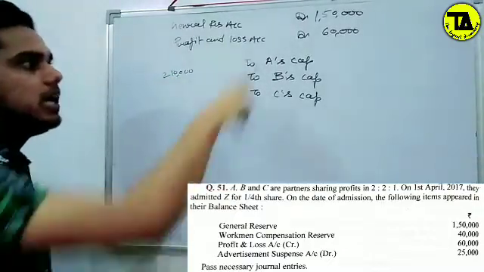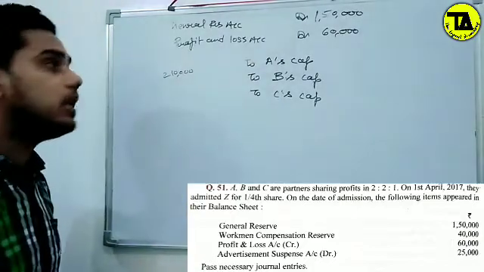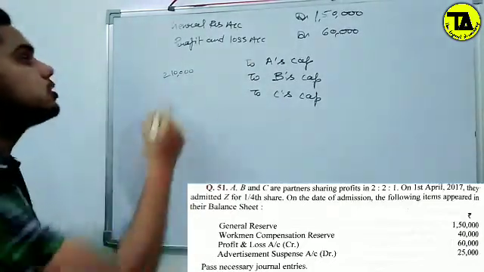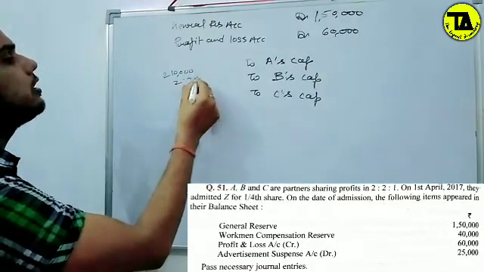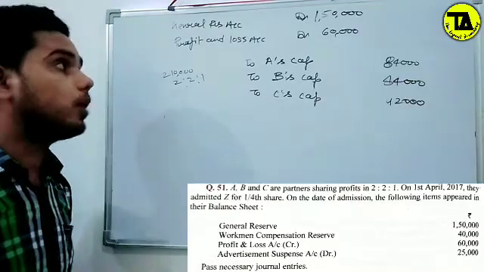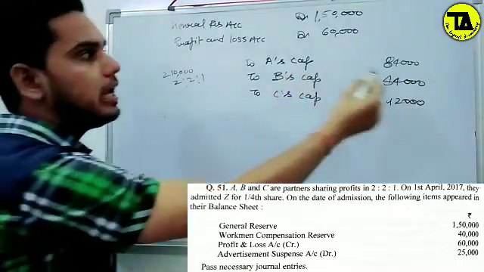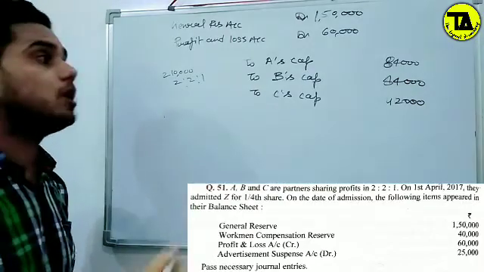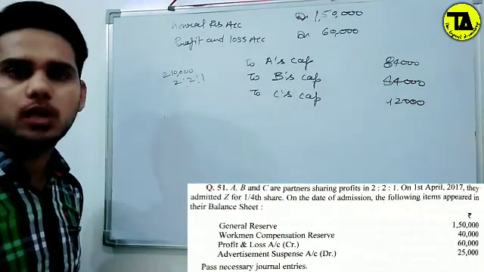We will credit the old partners' capital in the old ratio. Our old ratio is 2:2:1, so we will distribute this 2,10,000 in 2:2:1. It will be 84,000 for A, 84,000 for B, and for C it will be 42,000.